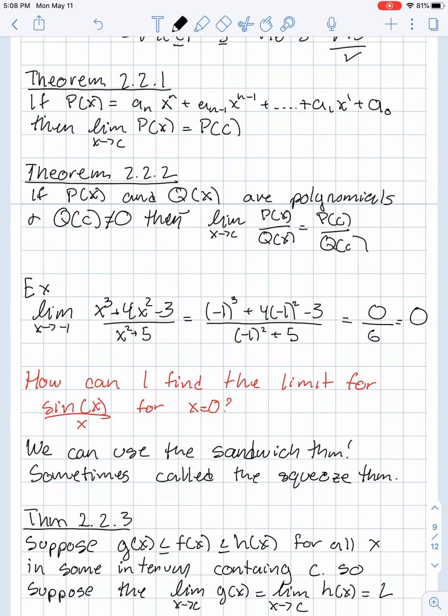So suppose that I have three functions, g of x, f of x, and h of x. And we're going to suppose that g of x is less than or equal to f of x, and f of x is less than or equal to h of x for all x on some interval containing c.